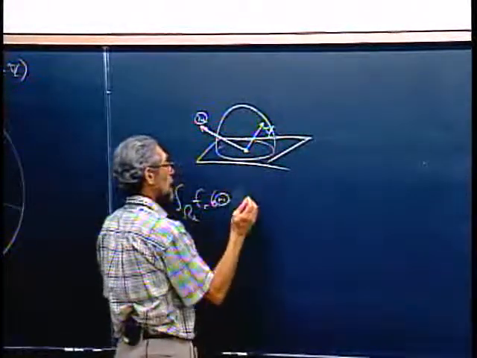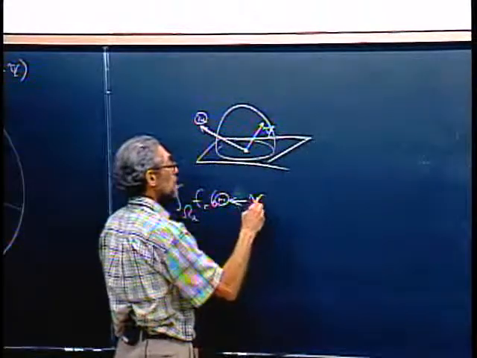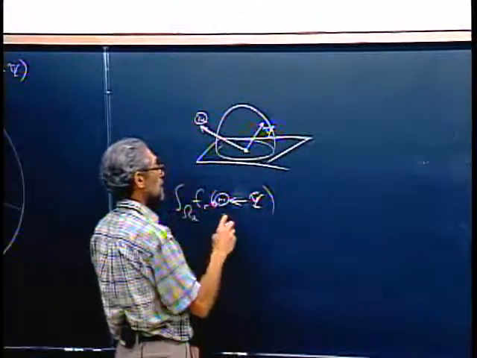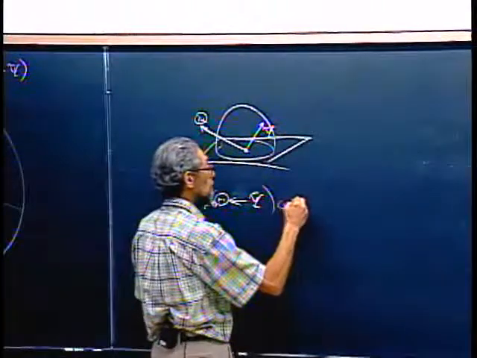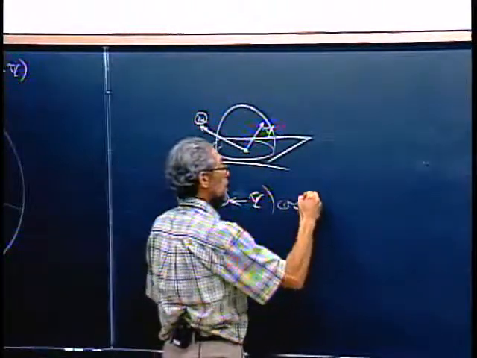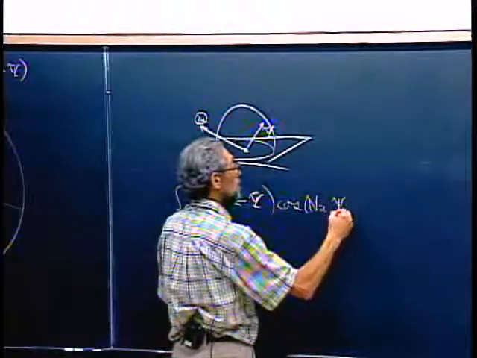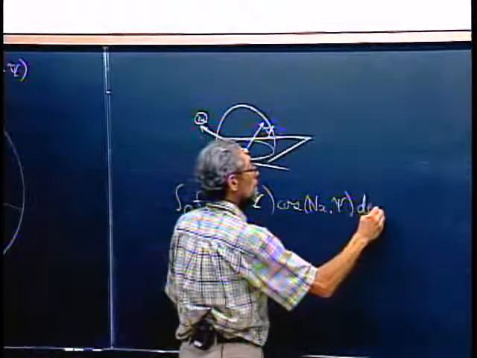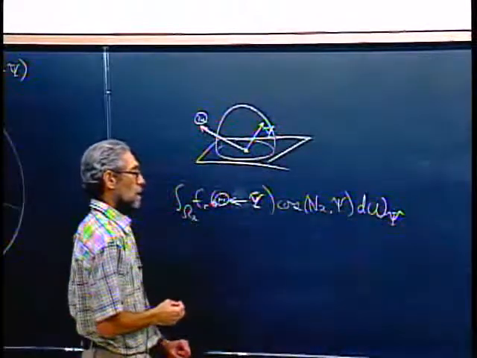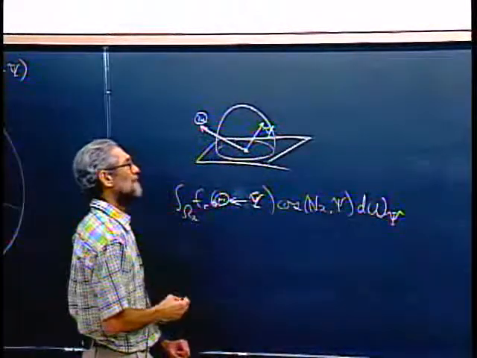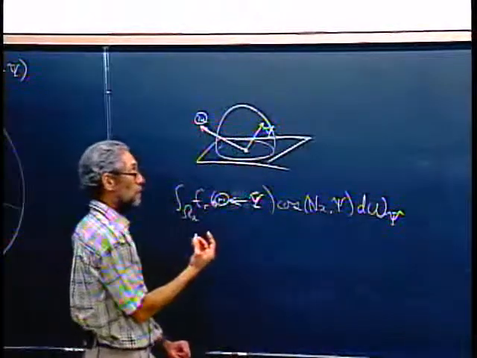Actually, let's think of it as direction psi reflecting into direction theta. And now, I guess we need this cosine nx psi, and this is d omega psi. So this is reflectivity from a hemisphere.